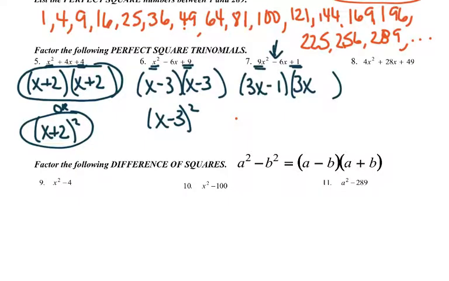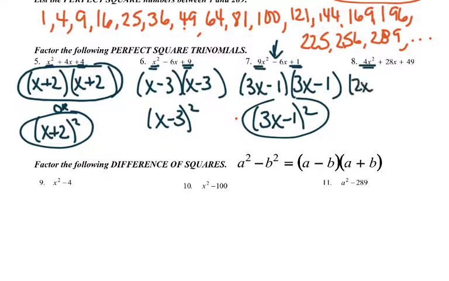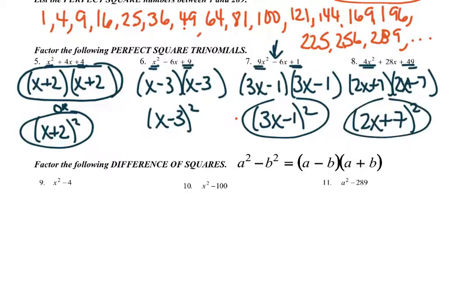So, right, it has to be -1, -1, or 3x minus 1 squared. 4x squared, what multiplies to 4x squared is 2x and 2x, and what multiplies to 49, and it's all positive there, of course, is 7 and 7, or 2x plus 7 quantity squared. So it's the same process of factoring, but maybe just made a little easier because it's a perfect square trinomial.